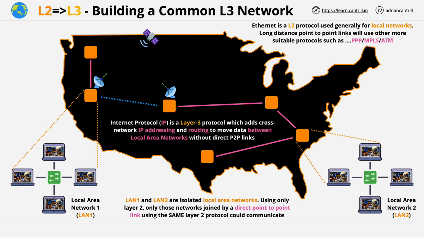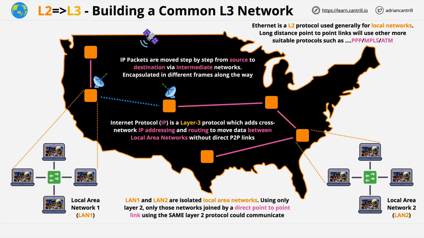You get IP addresses which are cross networking addresses which you can assign to devices, and these can be used to communicate across networks using routing. So the device that you're using right now, it has an IP address. The server which stores this video, it too has an IP address. And the internet protocol is being used to send requests from your local network across the internet to the server hosting this video and then back again.